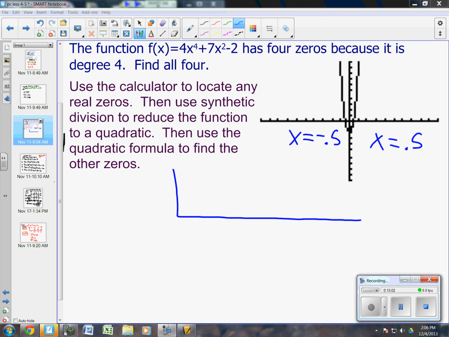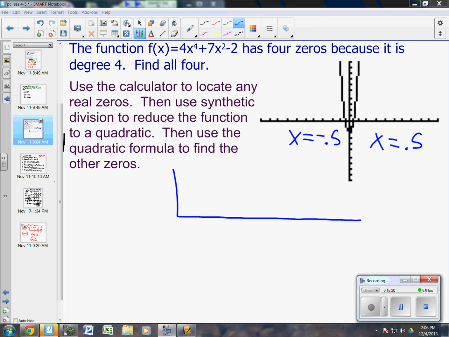That's going to reduce it to an x cubed, right? And then I'm going to take that and divide the 0.5 into it, and that's going to reduce it to an x squared polynomial. The x squared polynomial is quadratic, and we know how to solve quadratic equations. And we can find the 2 imaginary zeros that exist. So this is how we go ahead and do it. We're going to use synthetic division.